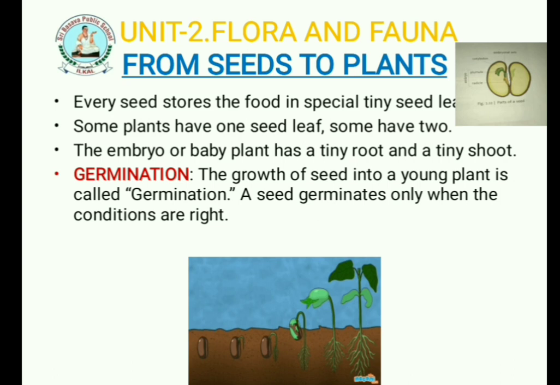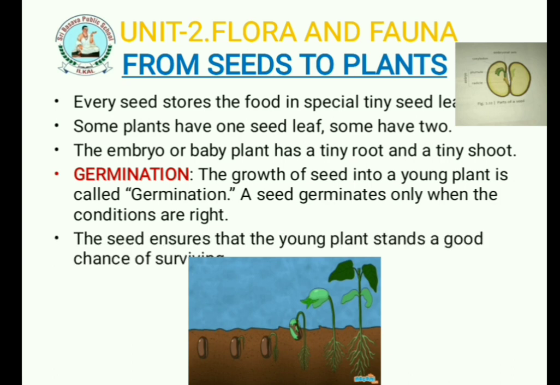So, have you understood, my dear children? Once again I will repeat the definition of germination. The growth of a seed into a young plant is called germination. Okay. Next we are observing the point: the seed ensures that the young plant stands a good chance of surviving.